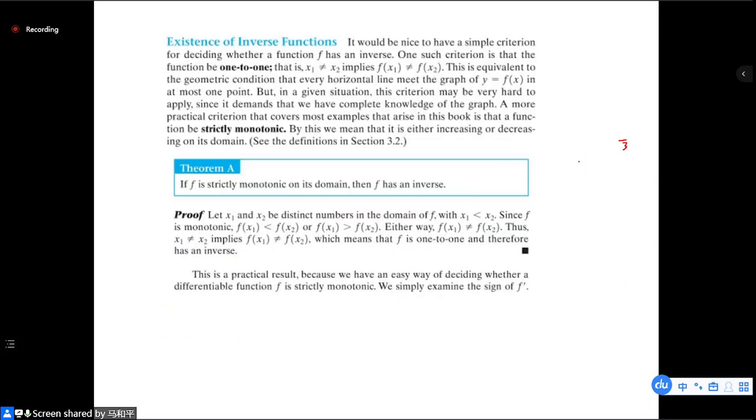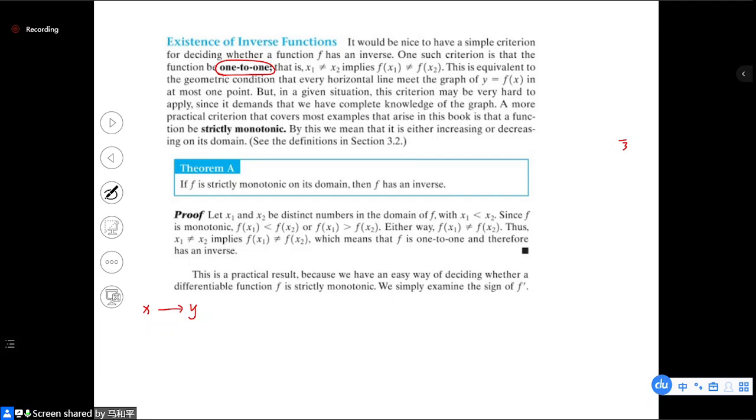Okay. And then we will talk about the existence of inverse functions. It would be nice to have a simple criterion for deciding whether a function f has an inverse. One such criterion is that the function be 1-to-1. This means for one x, we can output only one y.